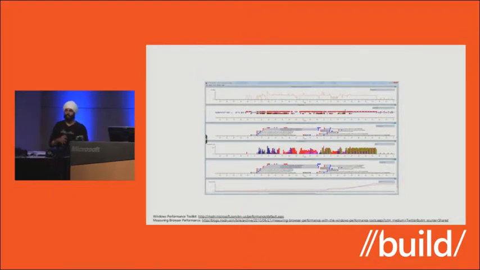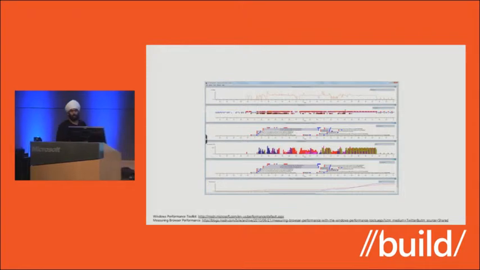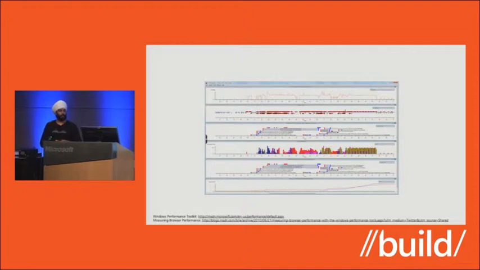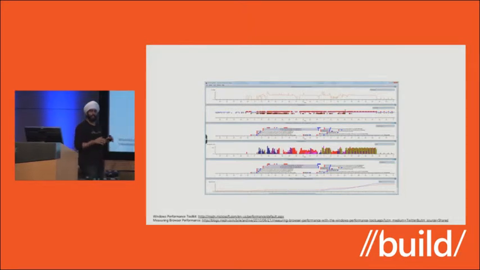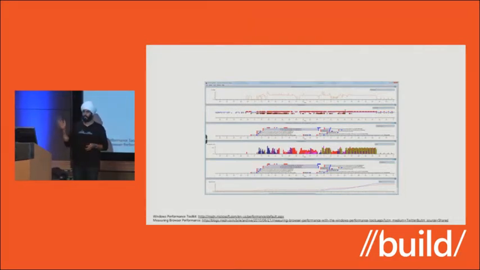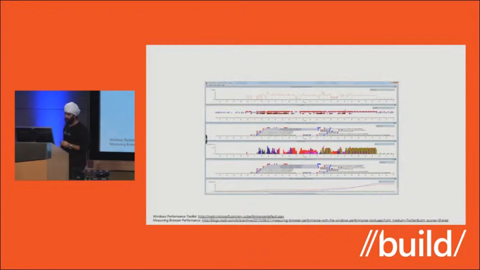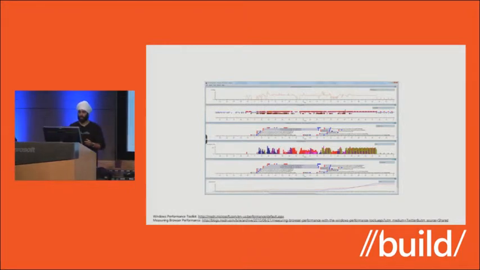The first one points to the actual tool, and the second one points to an IE blog post that gives you step-by-step instructions on how to use this toolkit to measure browser performance. So you'll be seeing a lot of slides today and a lot of data. All of that data and those slides have been gathered using this toolkit. So please feel free to use this and check out the data as well.